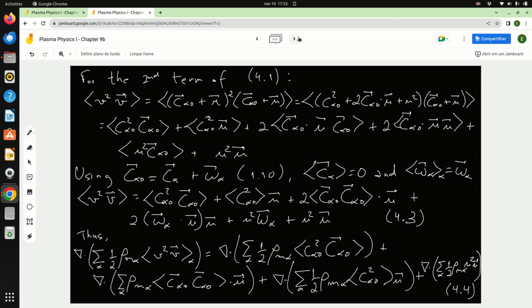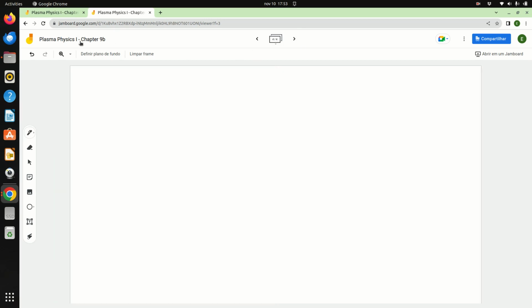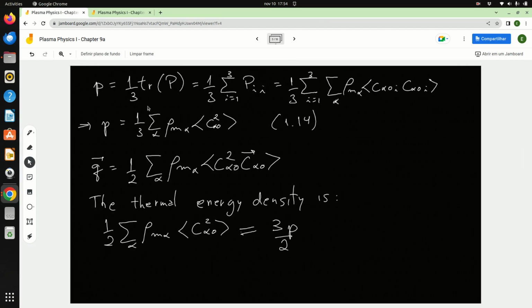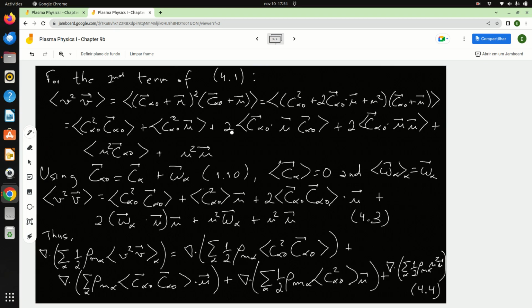Now let's use the heat flux vector, total heat flux vector from 1.15. Where is 1.15? It's here, Q. You see that you have it here, right?